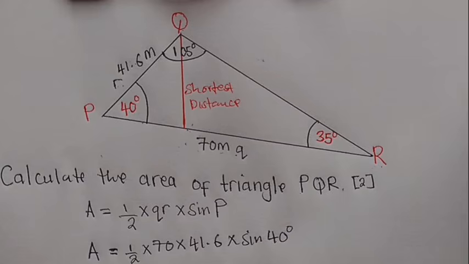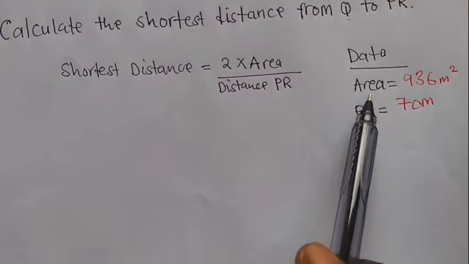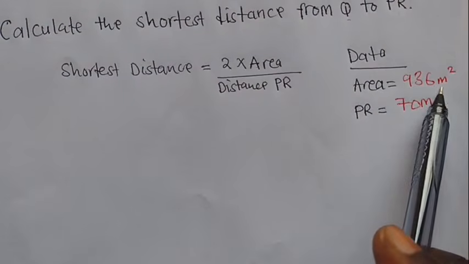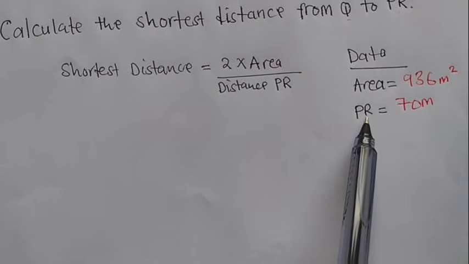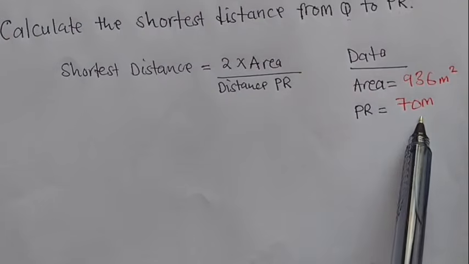On the formula, I've said 2 times area. You need to know your area. It's the value that we found, which was 936. Then the distance PR is this 70. So we're just going to fuse in our formula. This is our data right here. Our area is equal to 936, and the distance of PR is 70.